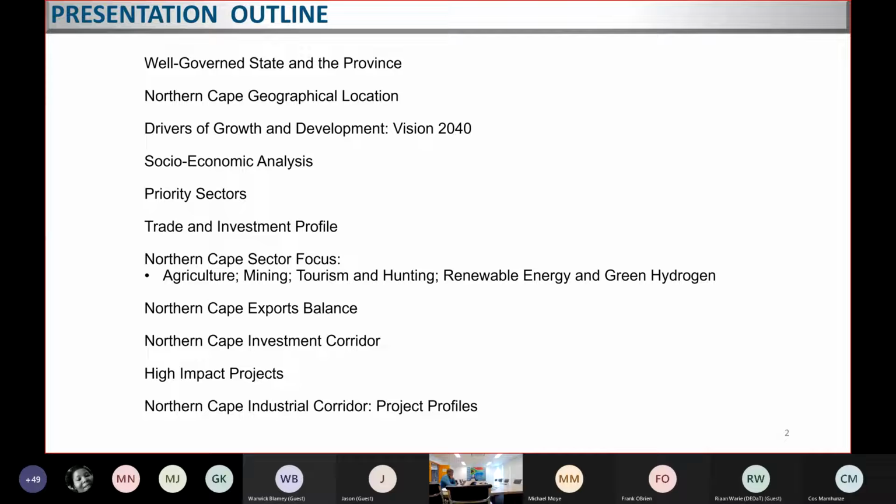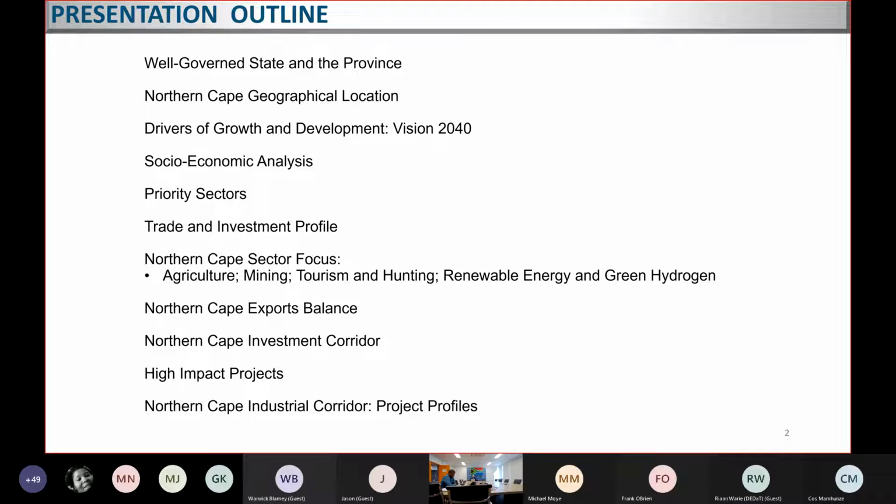Our Northern Cape geographic location is very central within the context of SADC. And what we take forward in terms of that layout is how we locate regionally and interface and offer our services. Then I will provide a bit more on the growth and development vision 2040, and you will see that the catalyst for us there is within the premise of economic transformation and development.